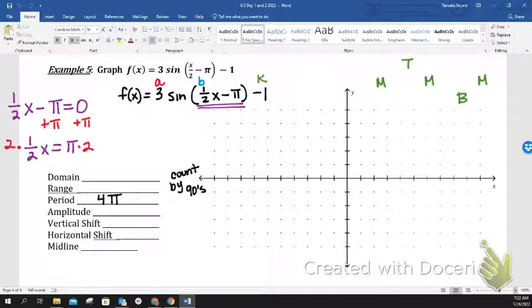So I'm going to start this at 2 pi. So my phase shift, because x equals 2 pi, I'm going to start this at 2 pi. So this goes to the right, where it says horizontal right, that it goes right 2 pi.